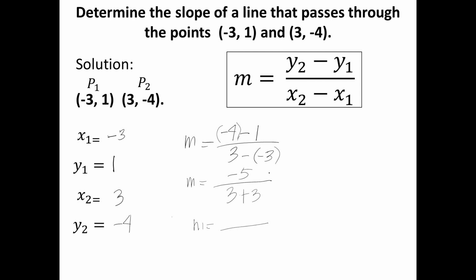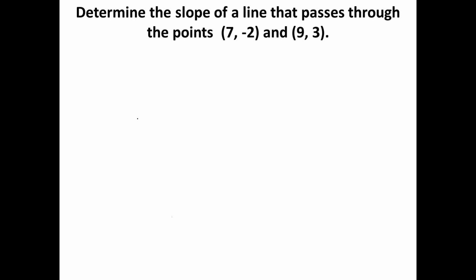Then the slope m is equal to -5 over 6. For the final answer, m is equal to negative 5 over 6, with the negative in the middle. So this is the slope of our given points.